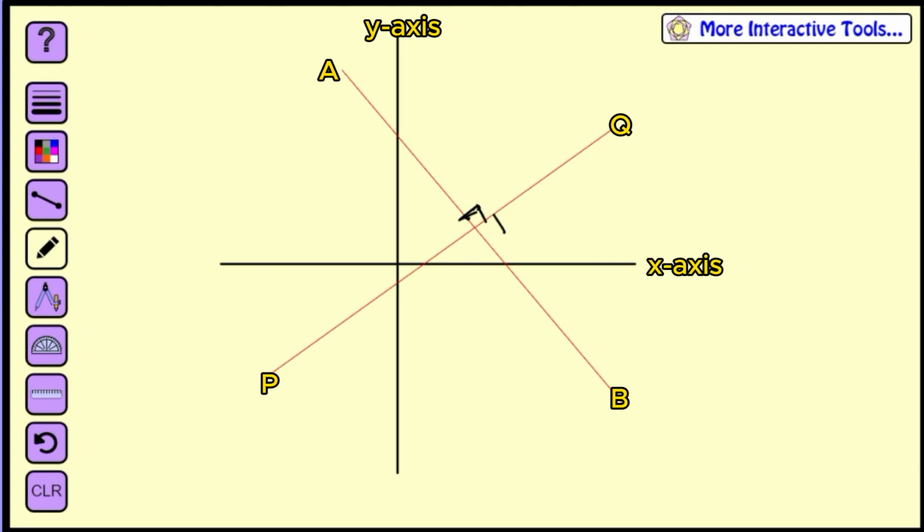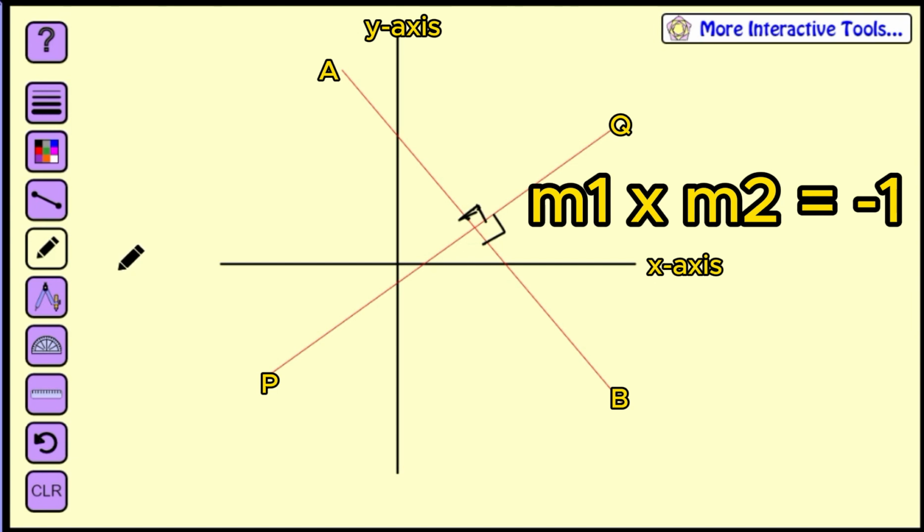That is when we say the two lines are perpendicular. The slope of AB, which is M1, and the slope of PQ, which is M2, will be related by this: M1 times M2 will be equal to -1.